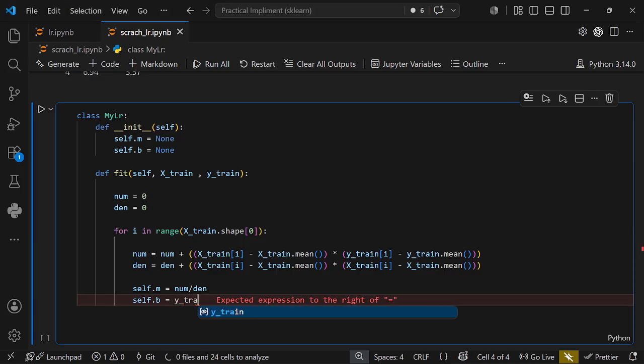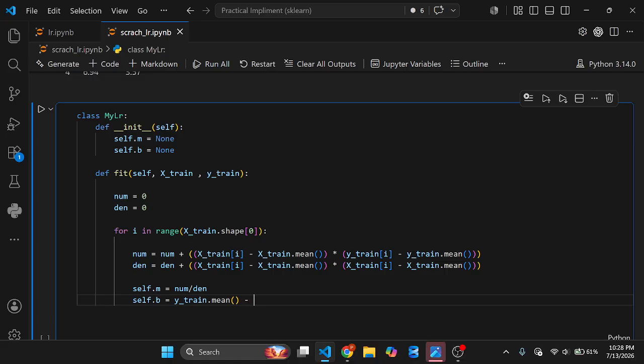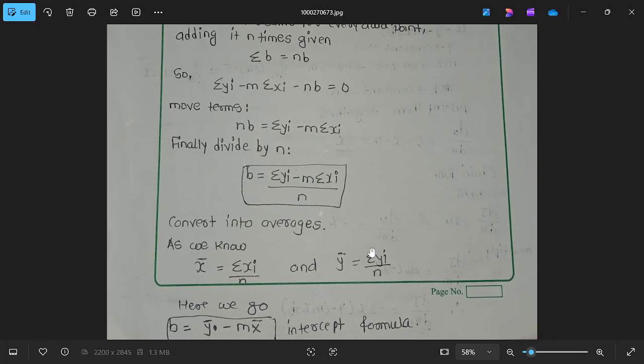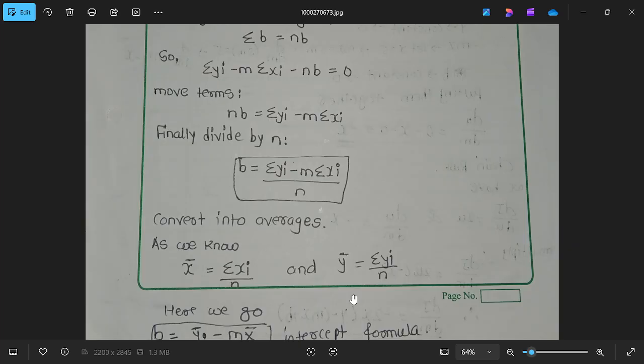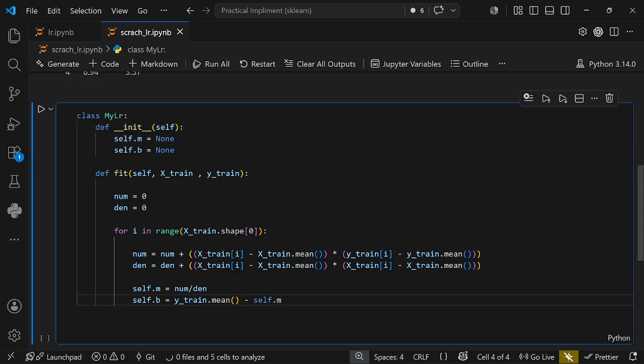Let's take the y train dot mean, minus self dot m into x bar, where x is capital X train dot mean.